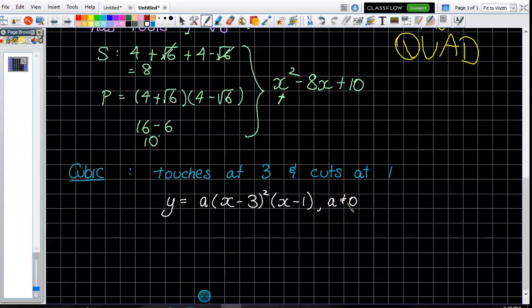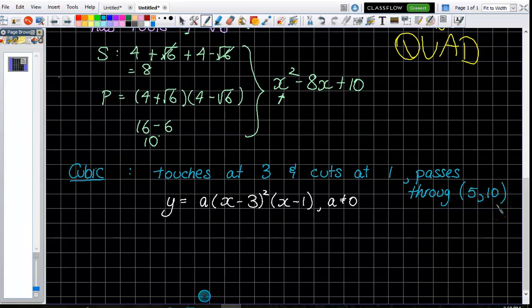And you know what? Let's now spice it up a notch. And I'm making this up on the spot. So it touches at 3, it cuts at 1, and it passes through 5, 10.